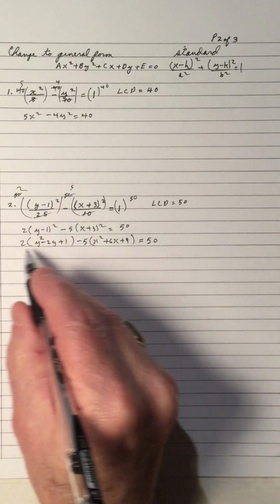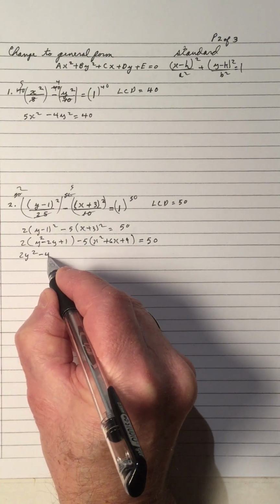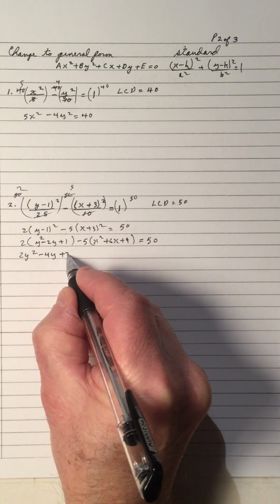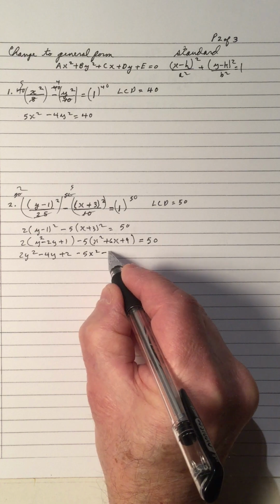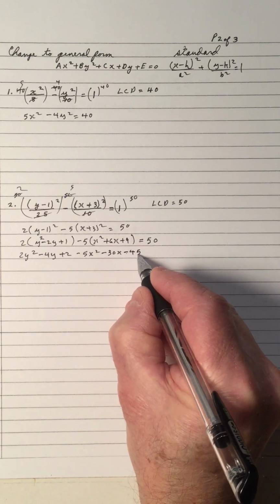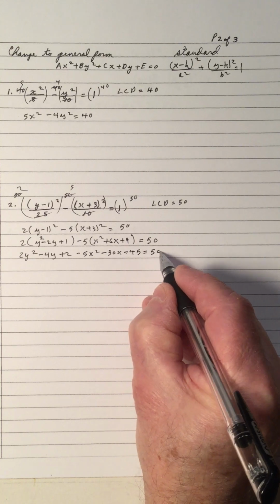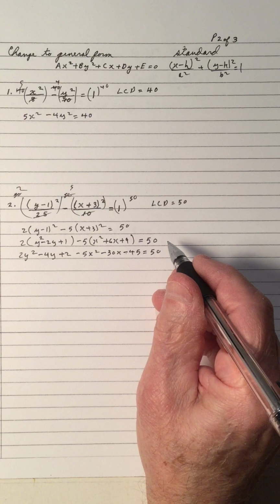Now we'll multiply. So we get 2y squared minus 4y plus 2 minus 5x squared minus 30x minus 45 equals 50. Now we're doing the general form.